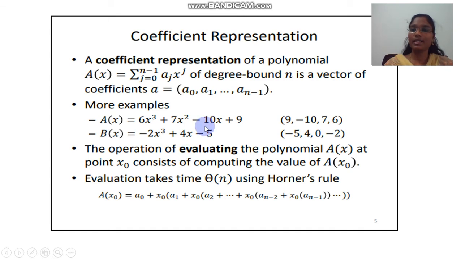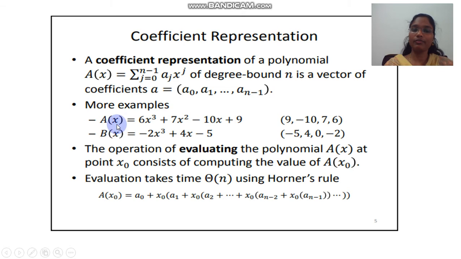Now two things can be done with these polynomials. One is evaluation and another one is interpolation. Interpolation is the inverse of evaluation, or the opposite of that. Evaluation is the operation of evaluating the polynomial A(x) at a point x_0. So we have the polynomial A(x) equal to something, and when we give some value for this x, then we can calculate the value of this polynomial, which is called evaluation.